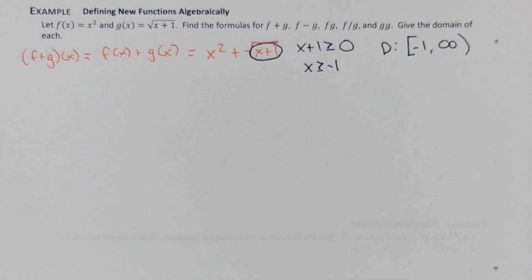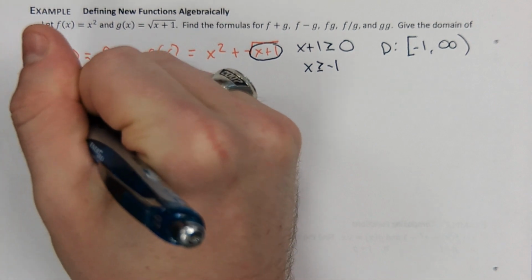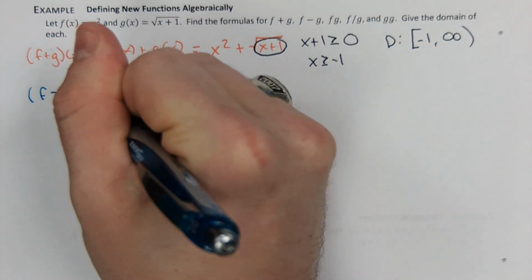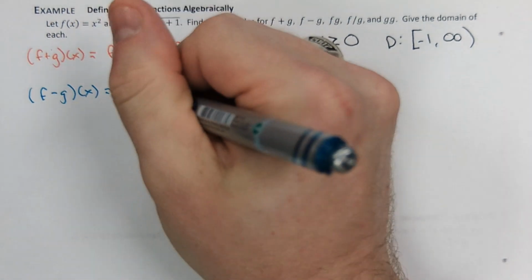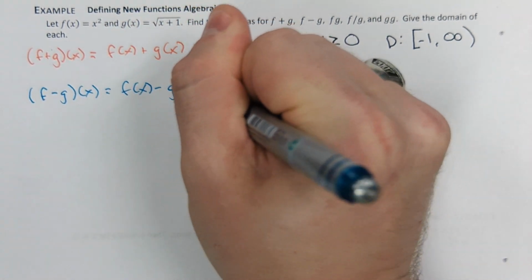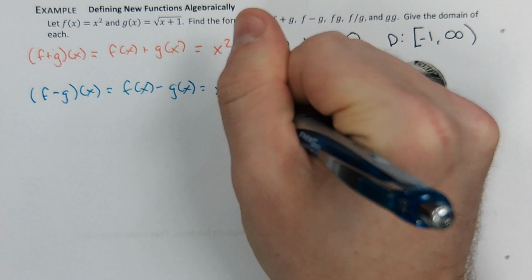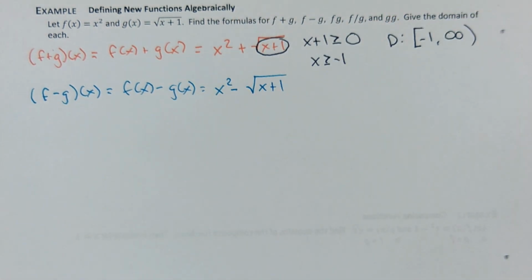I'll write in blue next because go Gators. F minus g of x. Order matters. Make sure you know that this says f of x minus g of x. That means x squared minus the square root of x plus 1. That's it. There's nothing else you can do. They're not like terms. You can't clean them up in any way.